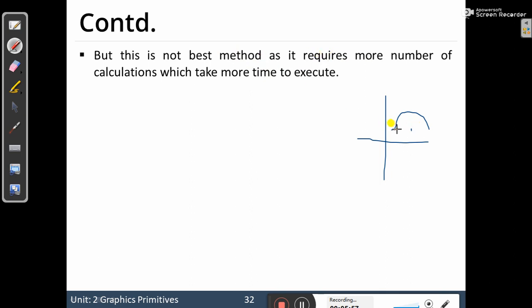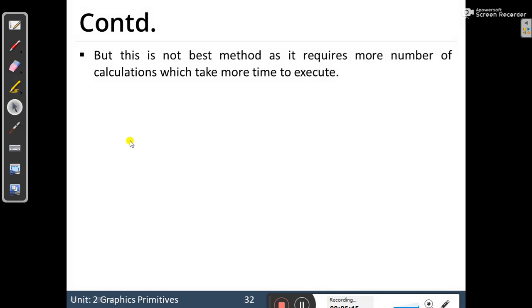If we draw a half circle from this point to this point first, then we go again in a different direction from this to this as per the center.